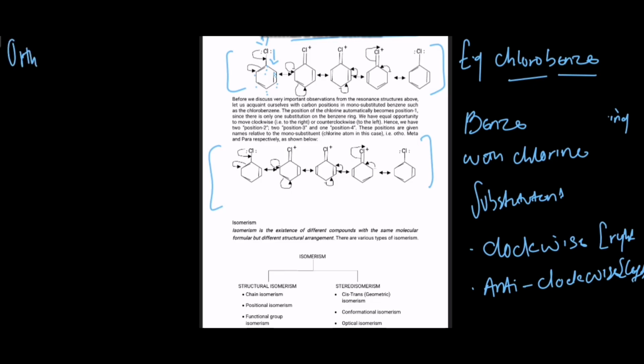That is what I want to bring out, how to name it. Use the word ortho position, which represents that the carbon is at position 2. When it comes to an objective question, they might say the carbon is in ortho position. What should come to your mind is that the carbon is at position 2.